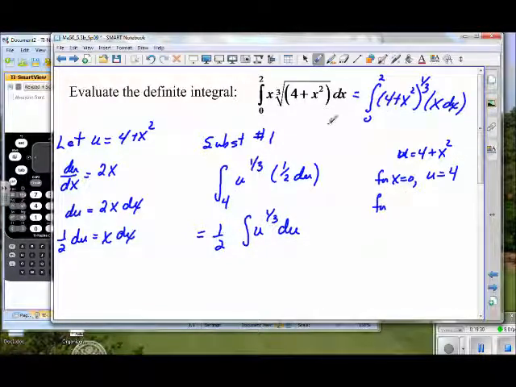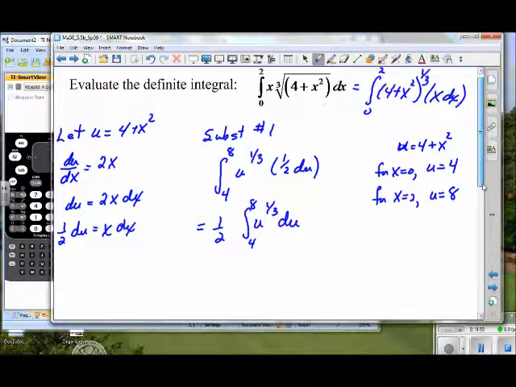If we use the upper bound for x, that is x equals 2, then u would be 4 plus 2 squared, or 8. And so if we're going to put any bounds on here, we would have to use 4 and 8 instead of 0 and 2. Again, 0 and 2 are what we use for the variable x. u is not the same thing as x. It's 4 plus the square of x, and so our bounds would change.